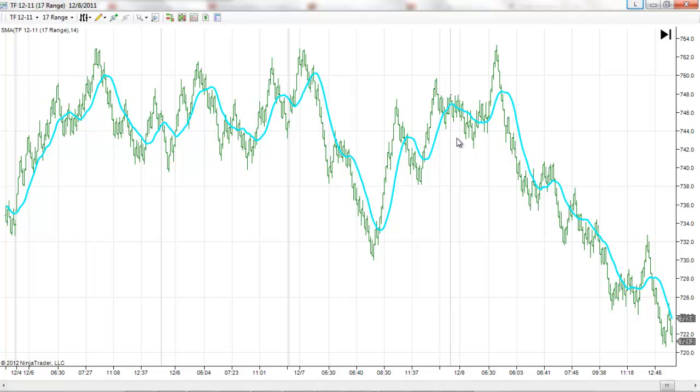But say for instance you lose 7, and you make 3. But if those 3 are worth 30, because you have a 10 to 1 risk reward ratio, you're going to make money. Okay, it's real simple.